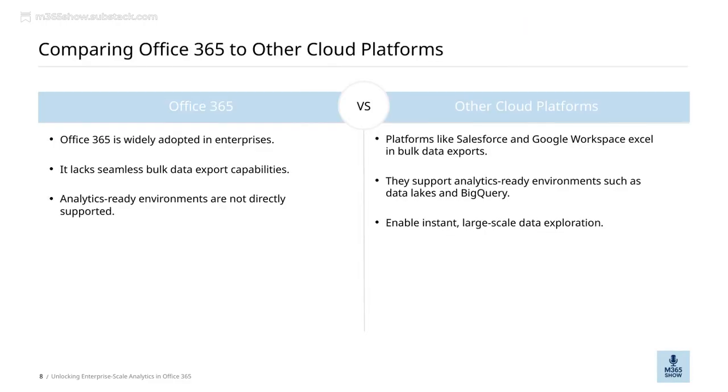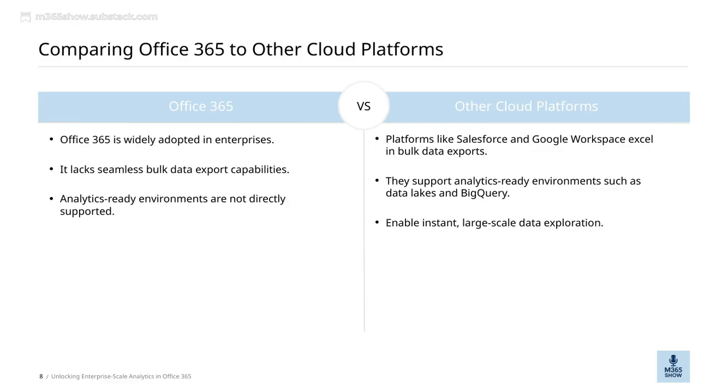Let's take a closer look at how Office 365 compares to other cloud platforms. Platforms like Salesforce and Google Workspace are really strong when it comes to bulk data exports. They support creating analytics-ready environments, such as data lakes and BigQuery, which means you can enable instant, large-scale data exploration quite easily.